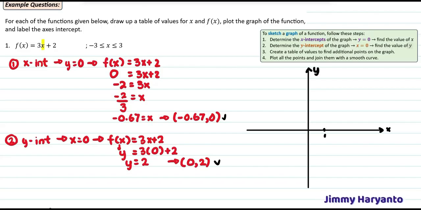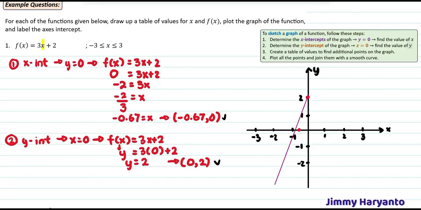Let's say 1 is right here, 2, 3, and then negative 1, negative 2, and negative 3. And then this one is 1, that one is 2, this one is negative 1, this one is negative 2. Okay, so our first point will be negative 0.67, 0. That will be right here, around right there, and then 0, 2 will be right there, and then you will connect the dots using a straight line like this.